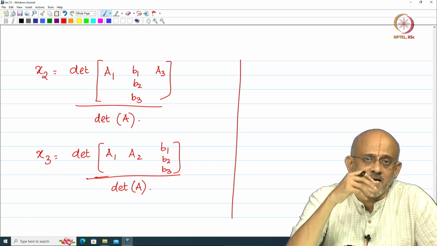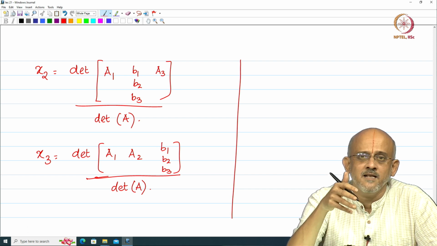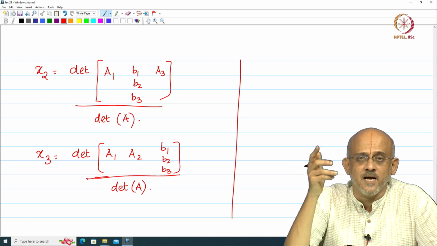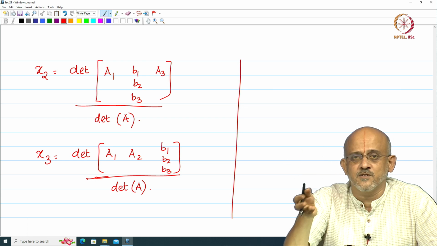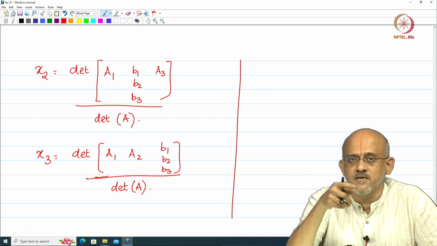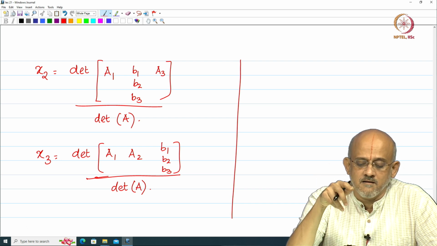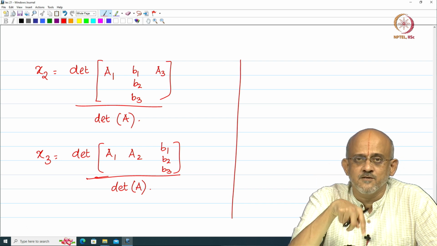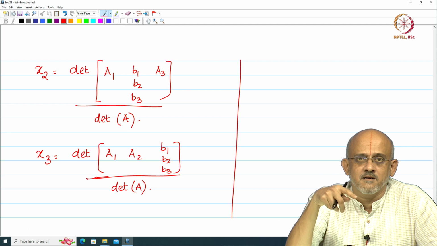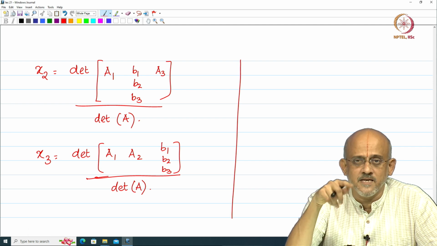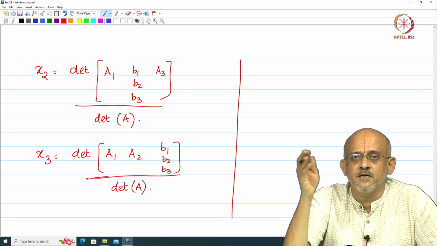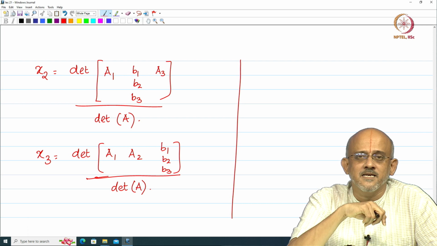What is a scaling factor? That is the value which is going to scale the volume of the actual parallelepiped which was obtained with those 3 columns of a 3 by 3 A matrix, and the scaled version of that is going to be the volume that you get when you replace the corresponding columns with the right hand side B vector.